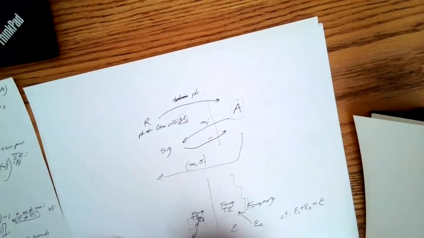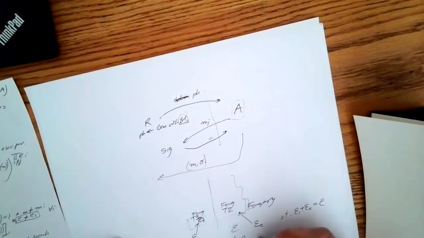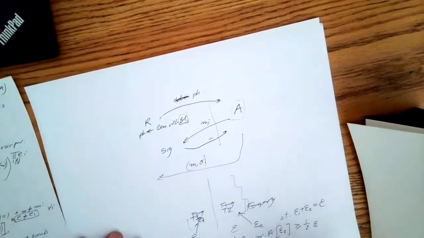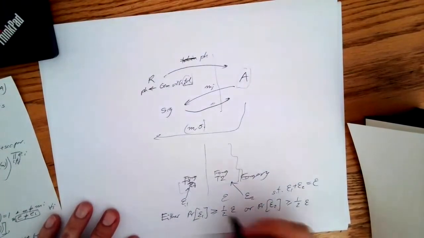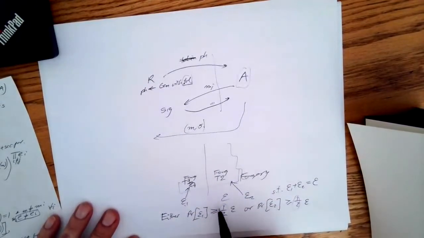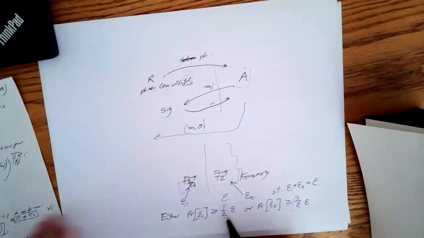So either the probability of epsilon 1 is at least 1/2 epsilon, or epsilon 2 is at least 1/2 epsilon, or both. Therefore this is an insignificant degradation in the security result, because it's only a constant.